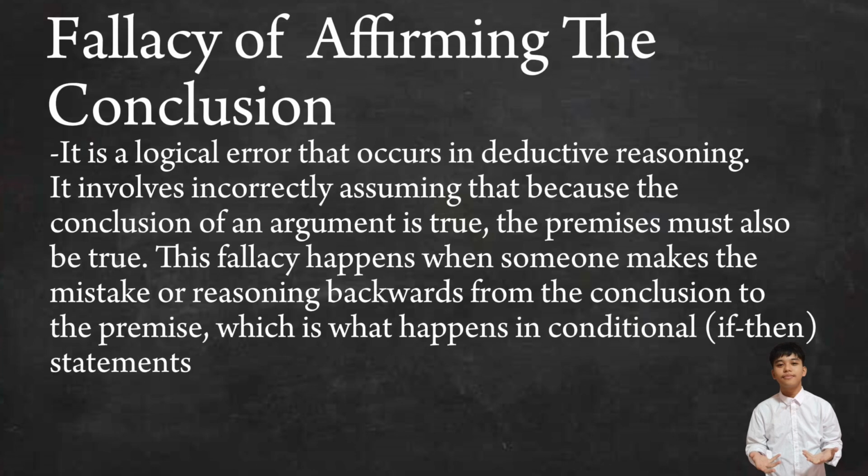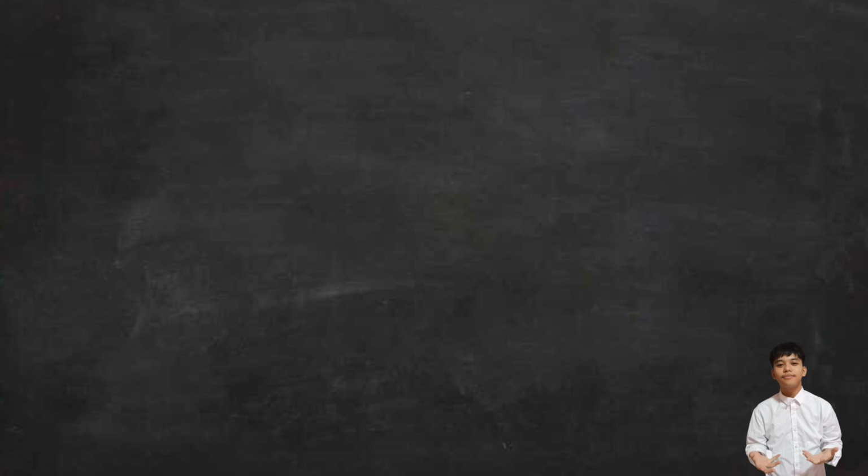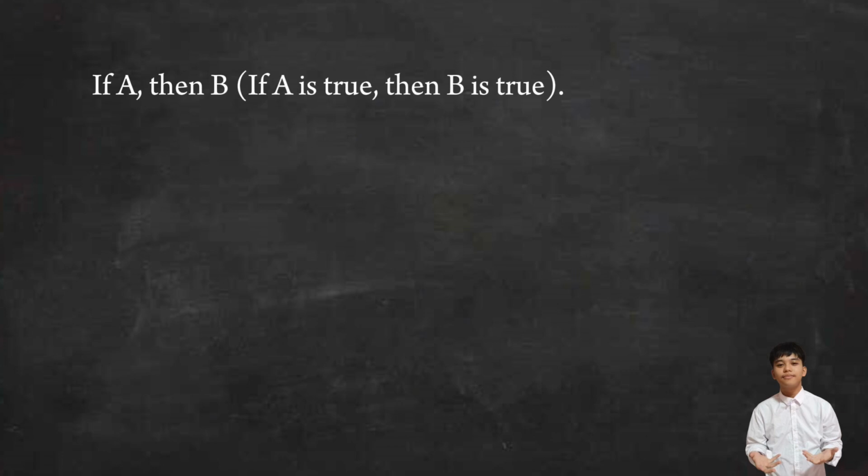This fallacy happens when someone makes the mistake of reasoning backwards from the conclusion to the premise, which is what happens in conditional statements. So, in a valid conditional argument, the form is if A then B. So, if A is true, then B is also true. So, B is true. Therefore, A is also true.